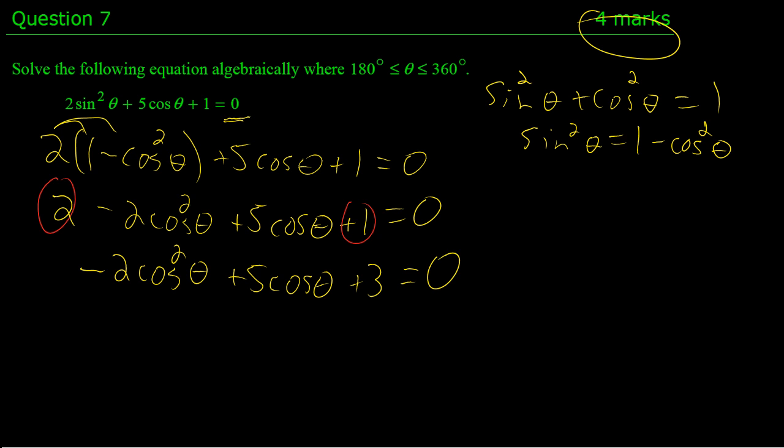And we don't have good strategies to factor with a negative coefficient. So we could just distribute a negative through, multiply both sides by -1. And we get 2 cos squared theta minus 5 cos theta minus 3. And that equals 0, times -1 is still 0.